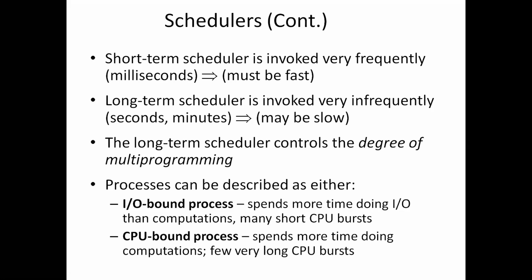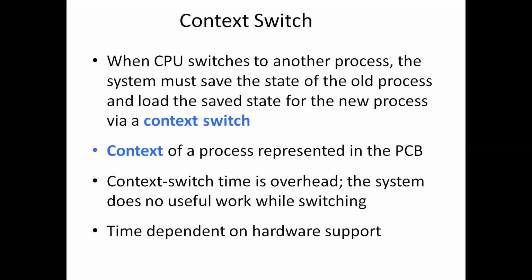Whereas a CPU bound process spends more time doing computation. The process which spends more time on computation is a CPU bound process, and the process which spends more time on IO is an IO bound process. Understood, right? This is about schedulers.